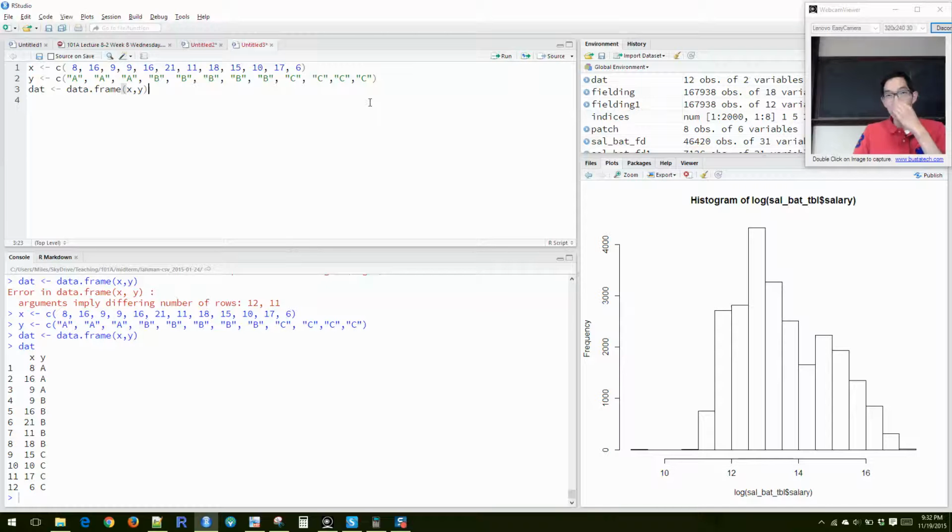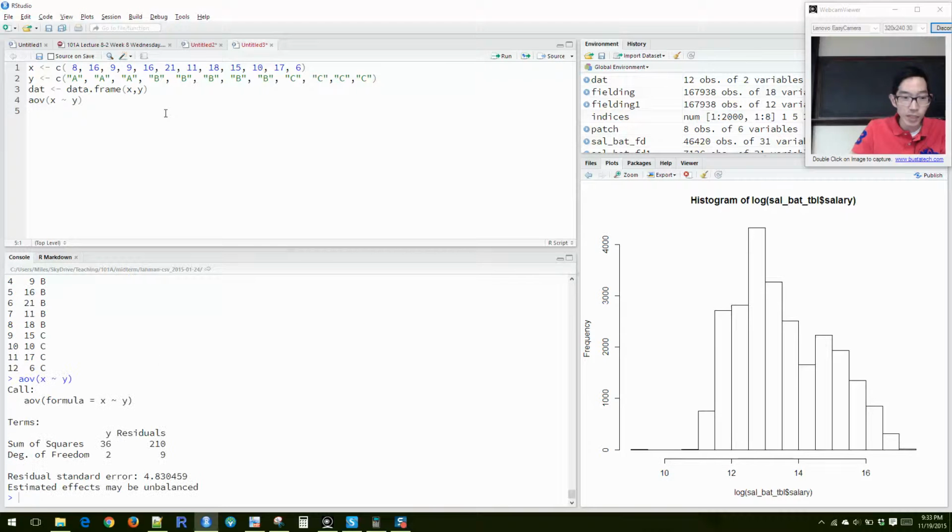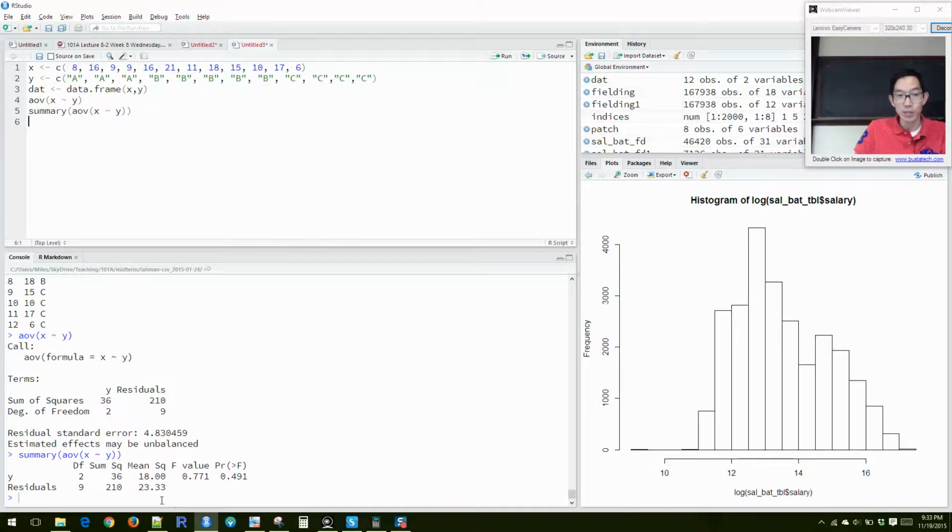There is an option. You can say treat this as a factor, which R will then say, okay, I'm going to ignore the numeric value of these things and treat it as a factor. So we do something called aov for ANOVA, and we just say explain X by the different groups. You just put a little squiggle there, and it says it's done. And then you can just ask for the summary of this, X as explained by Y. And this produces the ANOVA table that we created in class, right?